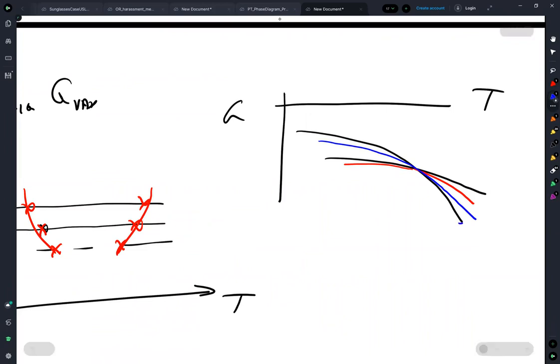The curves definitely change shape as you add a temperature dependence to your constants, but the intersection never changes.